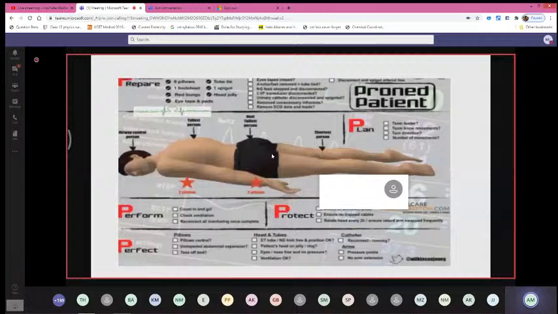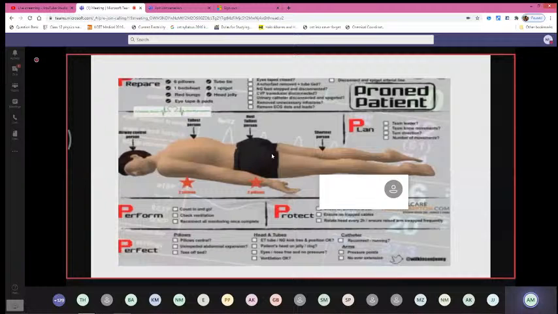There was a study called the PROSEVA trial, which showed a mortality benefit with proning in ARDS patients. That has been applied to COVID-19 ARDS as well. So we see a lot of ICUs with severe ARDS patients who do proning.